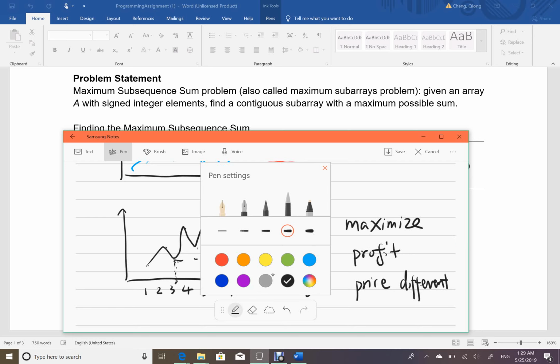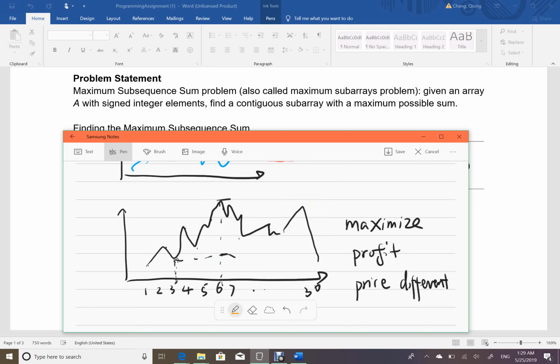The profit corresponds to the price difference, for example here, corresponding to this difference between these days. It could increase and it could decrease, but the idea here is that it doesn't matter whether it increases or decreases.